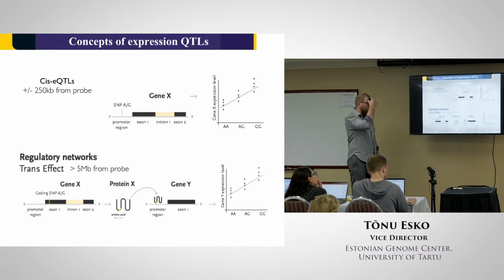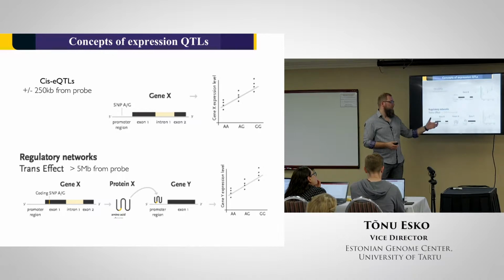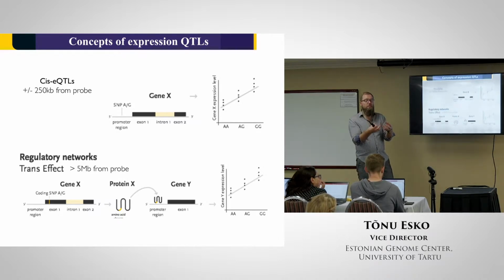This is usually called cis or local regulation, but it can also get more complicated if it's trans or distant regulation, and this is even between chromosomes. Usually LD is only valid within a chromosome, but those regulatory networks can extend over chromosomes. Here, let's say on chromosome 2, you have your SNP in a transcription factor that changes the transcription factor configuration a little bit, so its binding affinity changes.